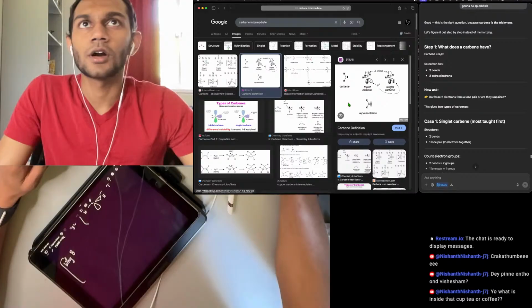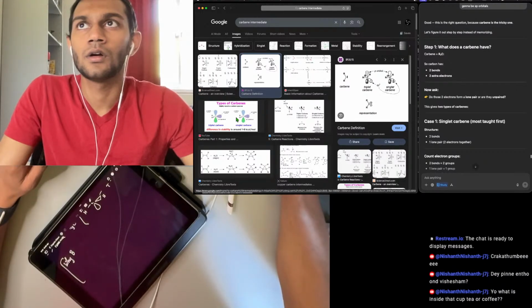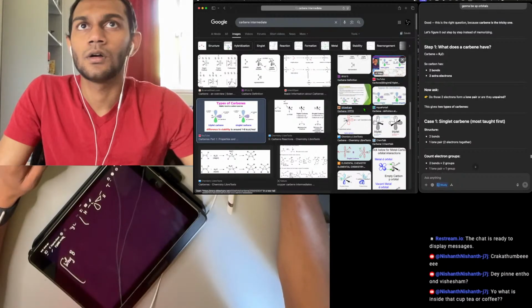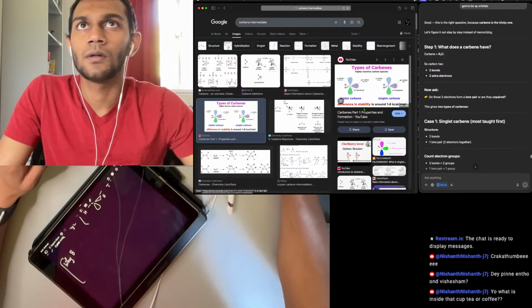So this is how carbene looks. Oh, there's a triplet carbene and a singlet carbene.